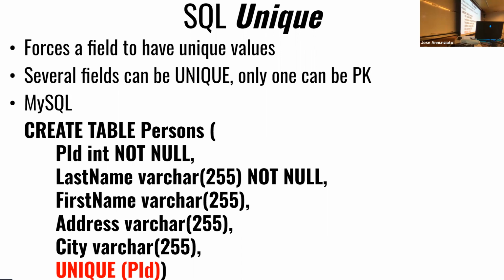But you can also use unique on something that is not the primary key. Maybe your primary key is your student ID, but you have an email as part of your profile. Even though it might not be part of your primary key, you might want to make a constraint that the email has to be unique. It makes no sense that two people have the same email. So even though the email is not your primary key, you might still want to make sure that it's unique across multiple users. So unique allows you to do that.